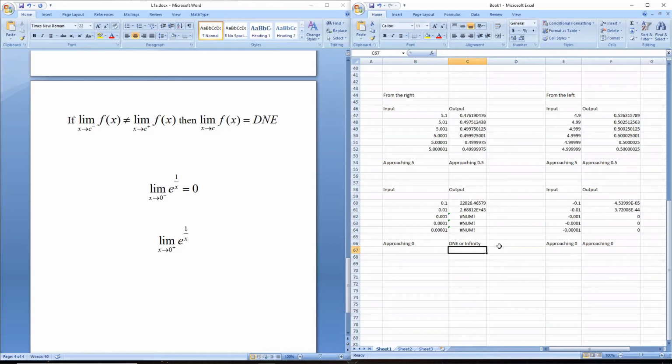Now, why does infinity lead to does not exist? Because remember, infinity is something that continues forever. And because it continues forever, we can't get forever closer to it. And remember the infinitesimal. When we approach something, we have to get infinitesimally close to it.